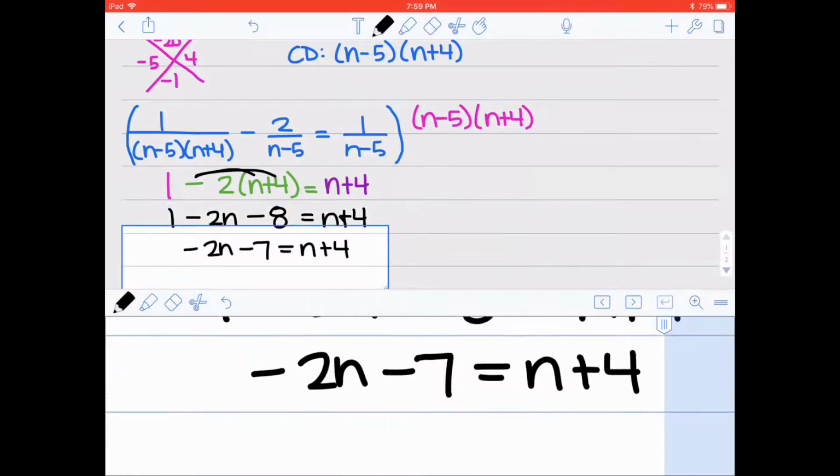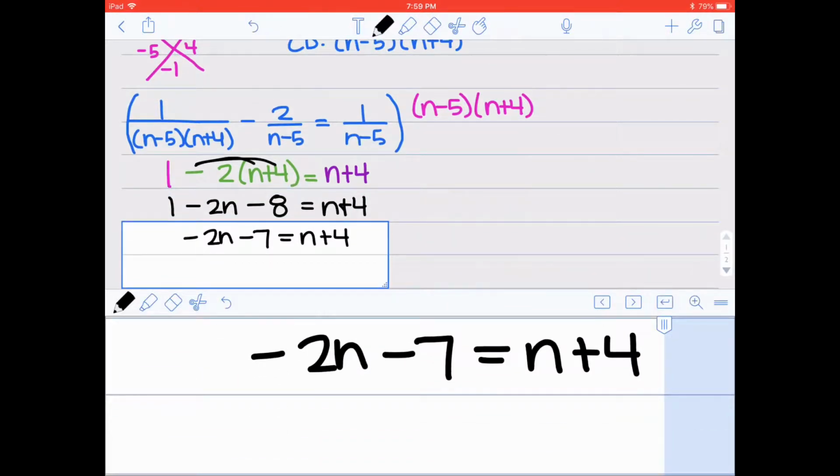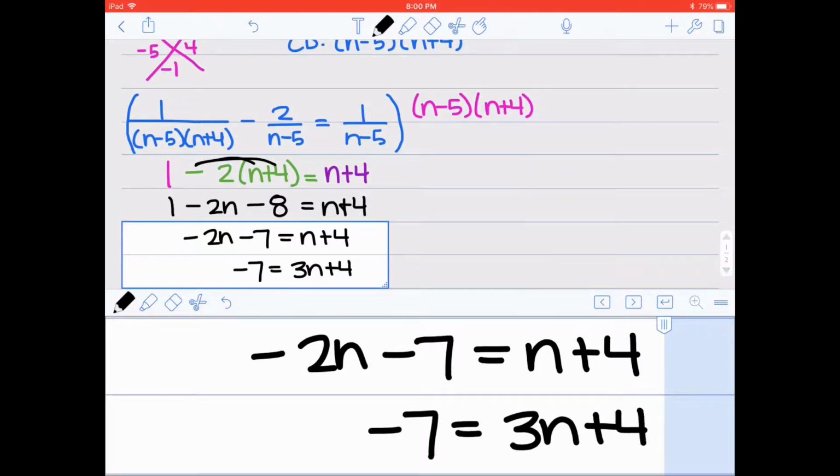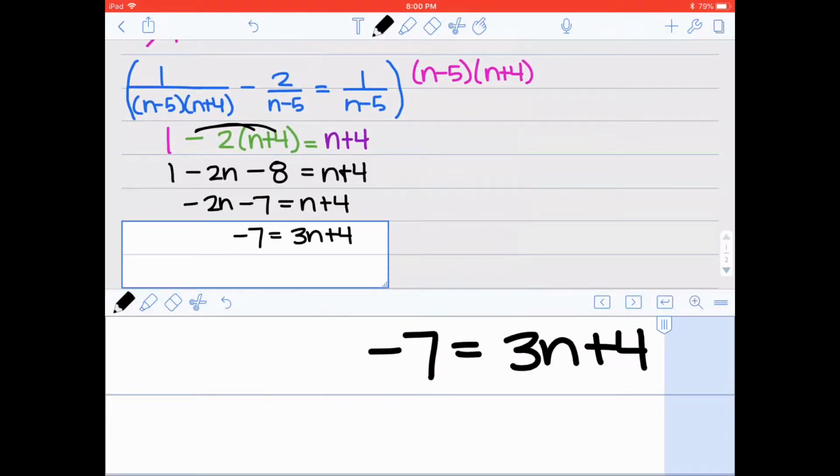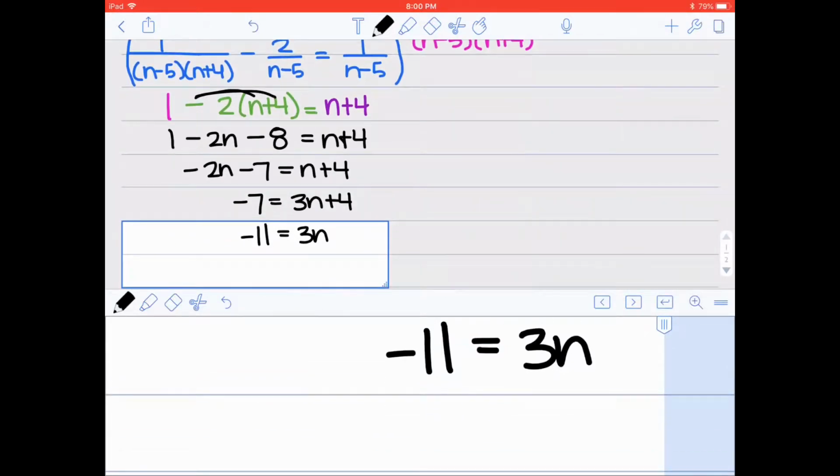Then I can get my n's all over to the same side. I'm going to move them all to the right, and that gives me -7 equals 3n plus 4. I can subtract 4 over to the other side. That gives me -11 equals 3n. And then I'll divide by 3 on each side.